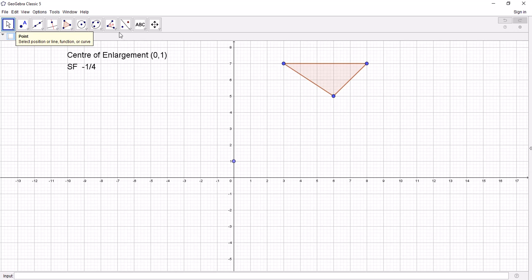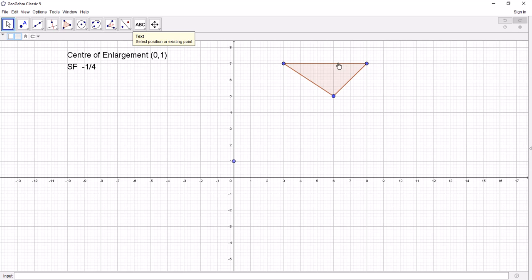So already we know that we're expecting our shape to end up down here somewhere because it's going to become negative. And because it's 1/4, all of my lengths are going to be 1/4 of the original.